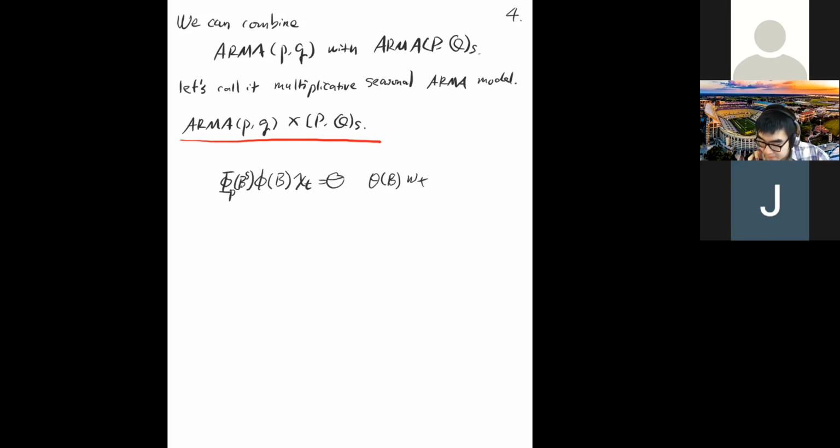This is big Theta_Q(B^s). So this part is the AR(P)_s, this part is the MA(Q)_s, and this part is the MA(q).